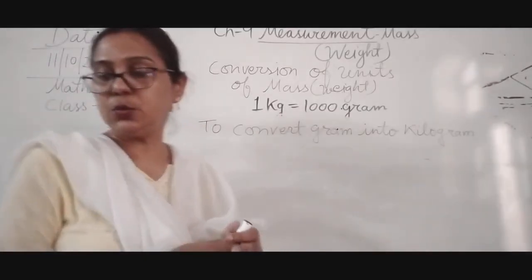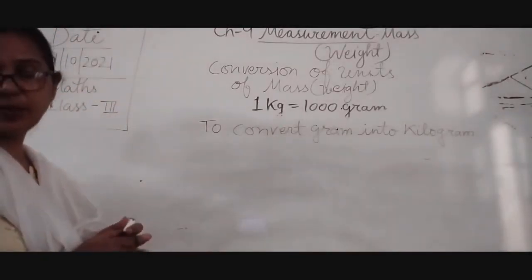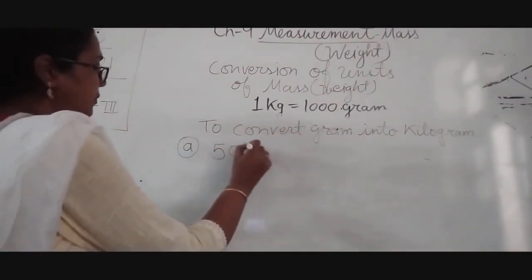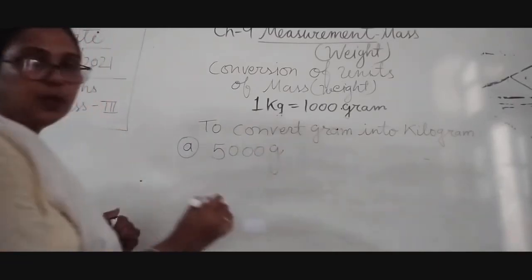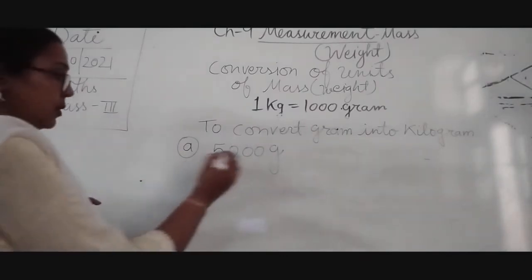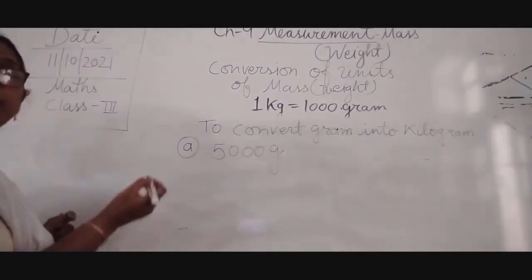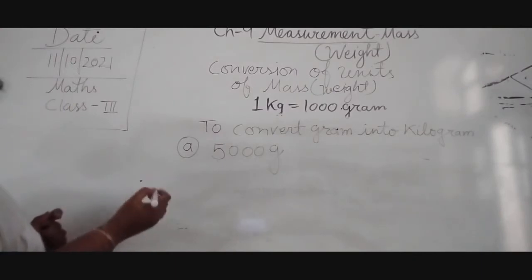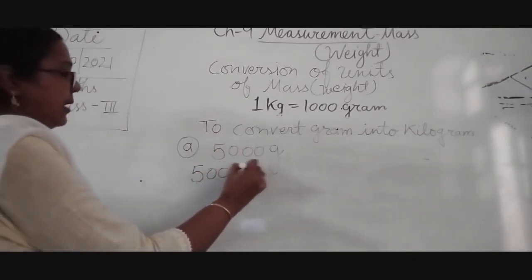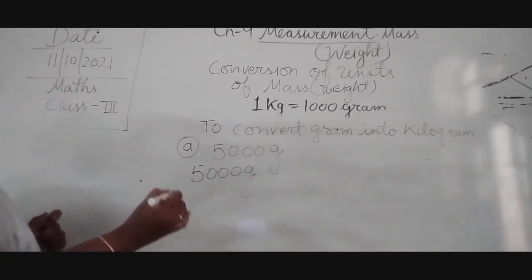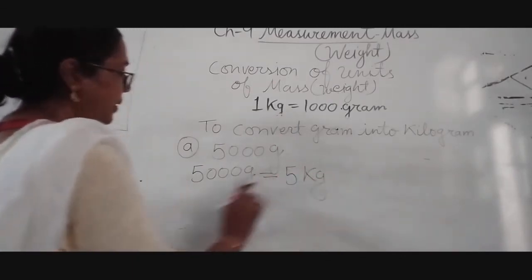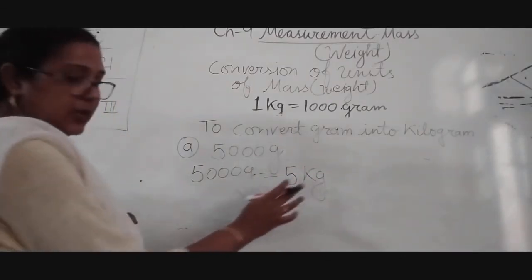Okay children. So to convert into kg and grams, here an example is given, 5000 grams. Suppose we are going to convert into kg, so how can we do this? When it is written 5000 grams, we will arrange this as 5 kg, because 5000 grams is 5 kg.